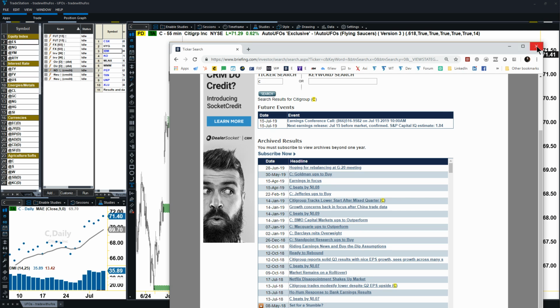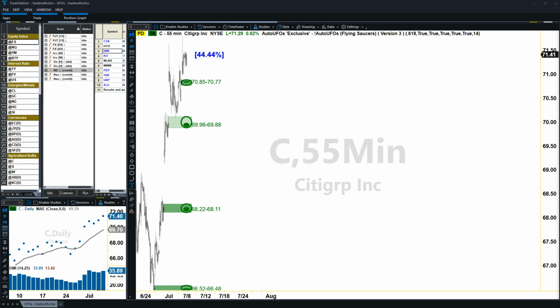Okay, so July 15 is the earnings date. So let's pretend that some time ago I did an iron condor with Citigroup and I was using July 12 expiration, which is next Friday, because July 15 is the earnings. So I was using the expiration right before. Okay, let's pretend that this is the case.